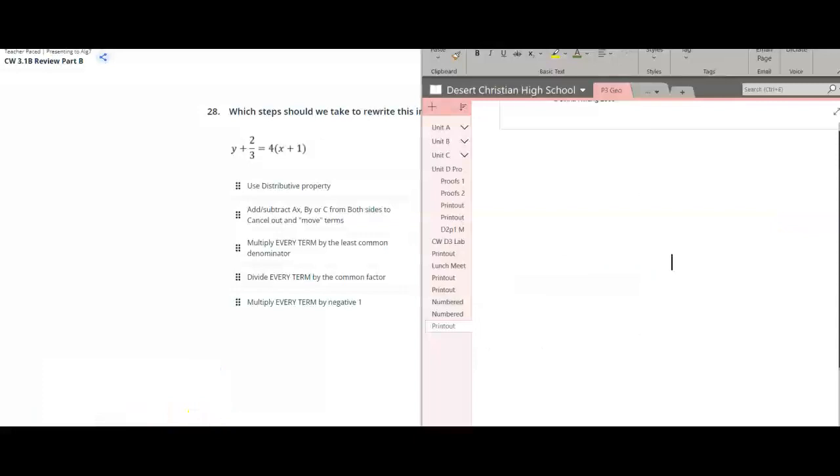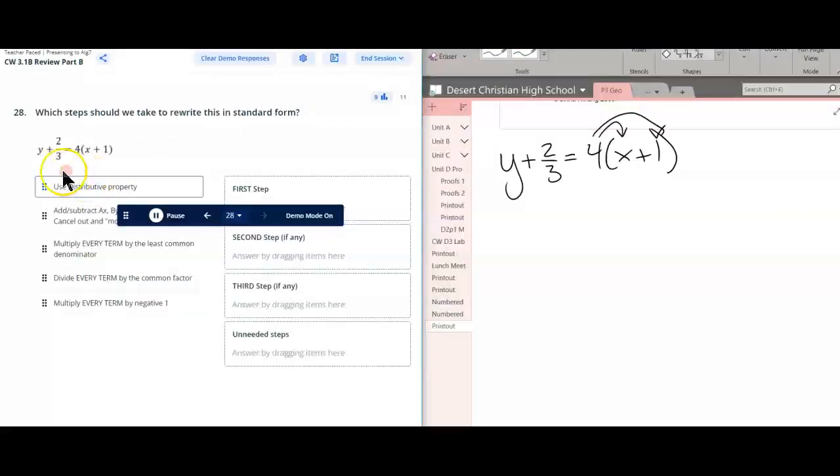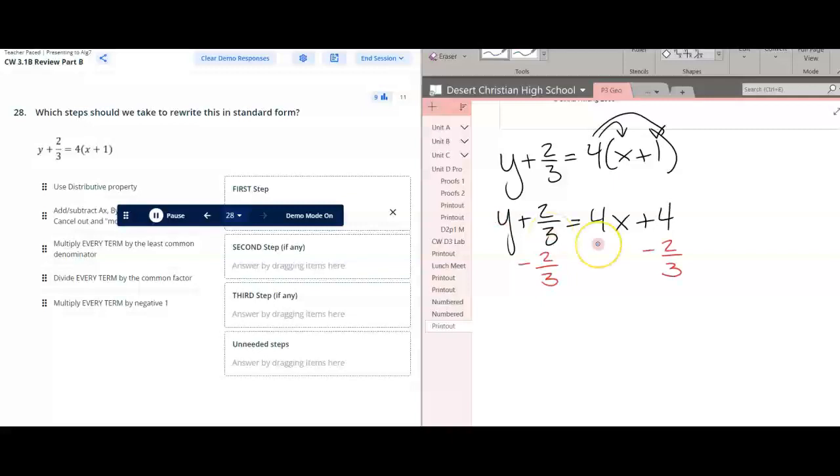Okay, so this is y plus 2/3 equals 4 times x plus 1. My first step is distributive property. I get y plus 2/3 equals 4x plus 4. And then I have a constant over here that doesn't belong, and I have a 4x over here that doesn't belong.